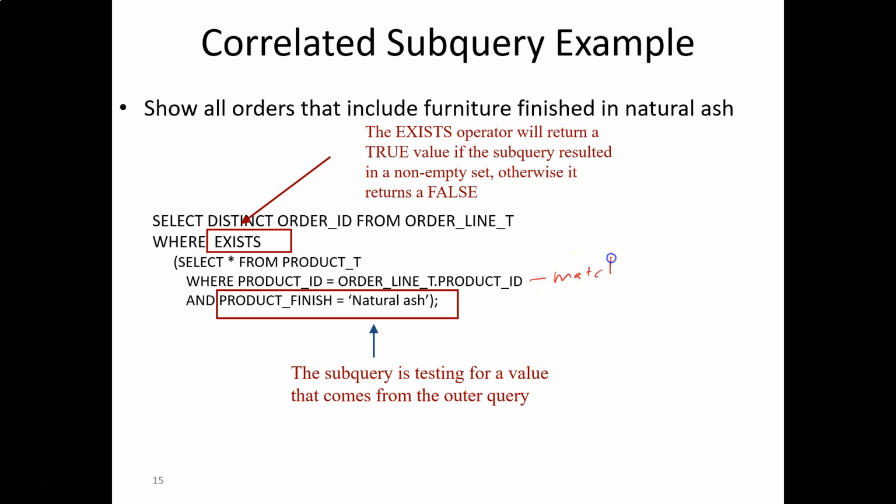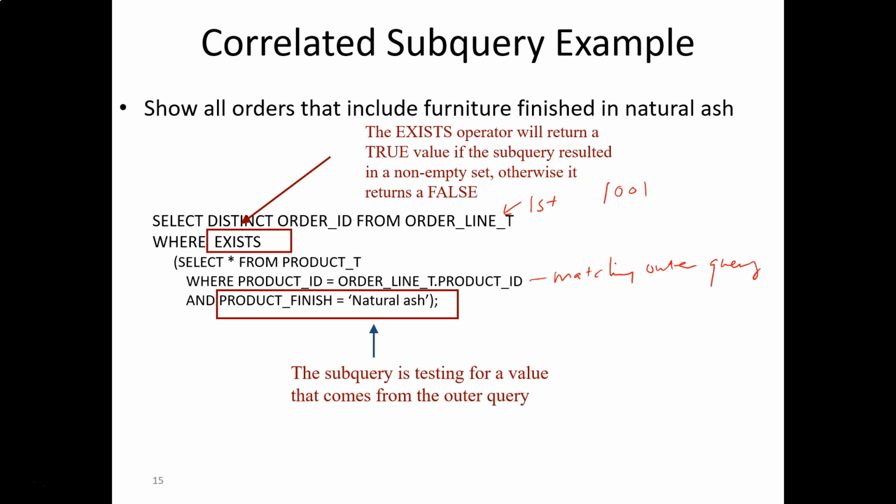What this is doing is, when the DBMS executes this correlated subquery, it will first execute the outer query. It will say select distinct order ID from order line table. So it finds the first order ID. Let's say the first order ID is 1001.